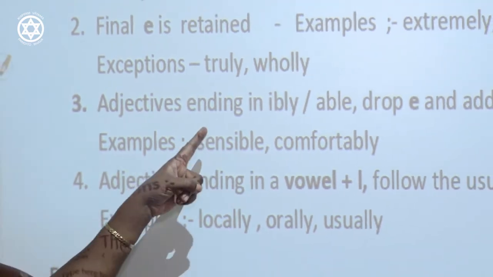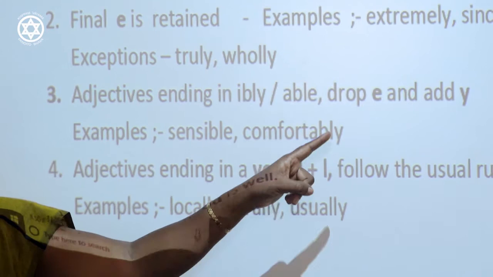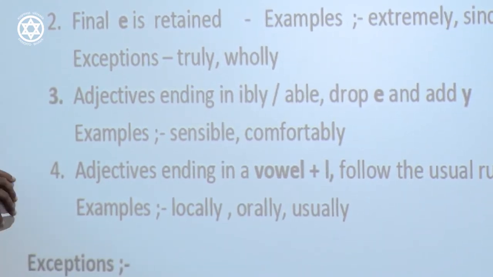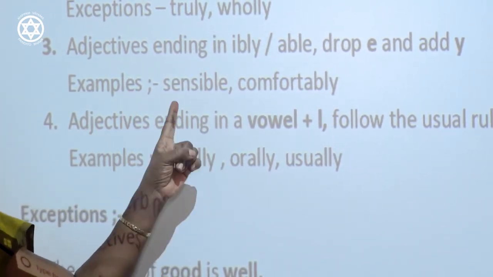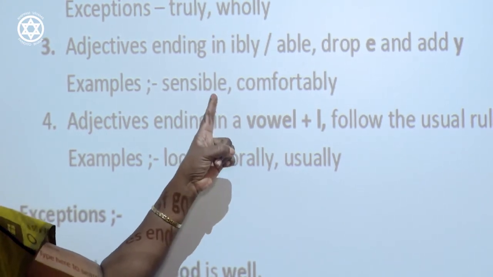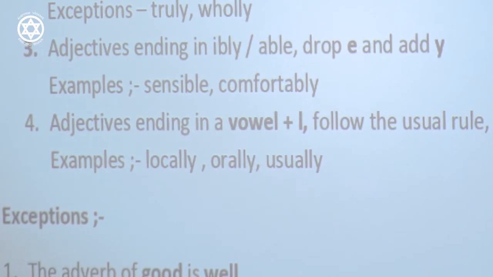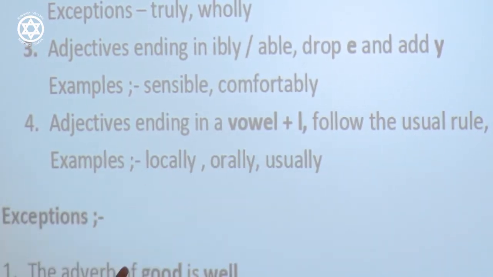Adjectives ending in ible or able drop e and add y. I have given you some examples here. Sensible, you drop e and then add y: sensibly. Comfortable, comfortably. Then adjectives ending in a vowel plus l.